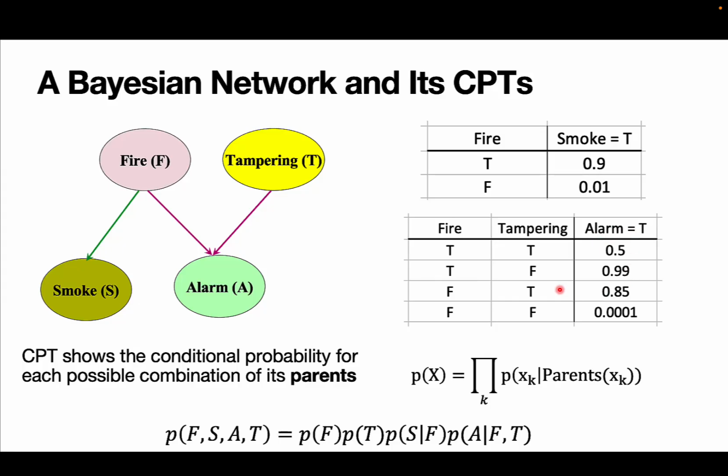On the other hand, when there is no tampering, the fire alarm is working just fine. And another interesting observation: when there is tampering and no fire, the alarm seems to go off very frequently, and when there is no tampering or fire, the fire alarm is working as it should. On the other hand, smoke depends only on fire, so when there is fire, there's a high probability of smoke, and when there is no fire, smoke was not observed.